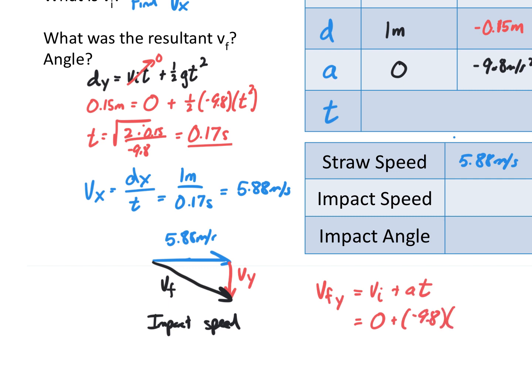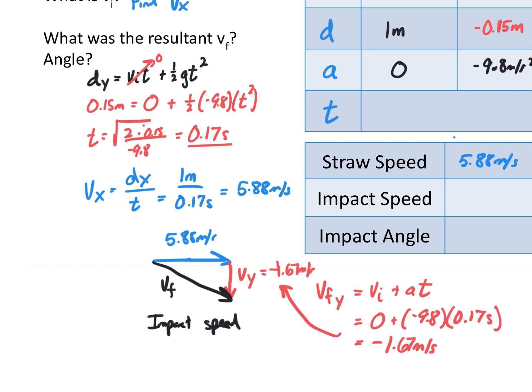The time you're going to use is the same time you calculated in the first part of the problem because it's the same for both x and y. The initial velocity is 0, so that cancels out. Taking the 9.8 times 0.17 will give me my final velocity. I'm going to put a negative in there because that indicates the direction. It's pointed downwards, so negative 1.67 meters per second.